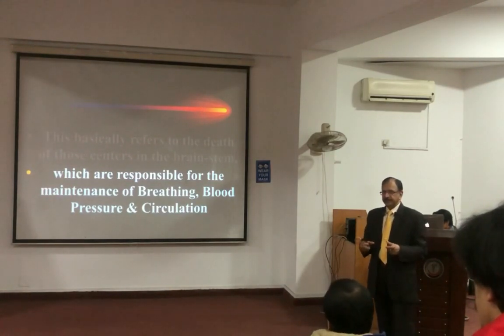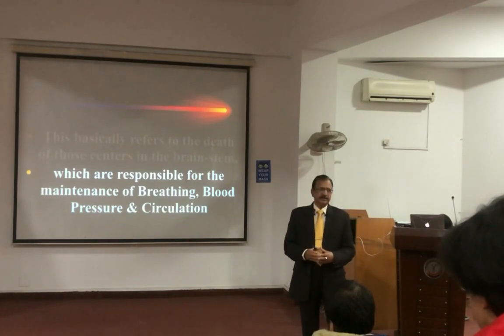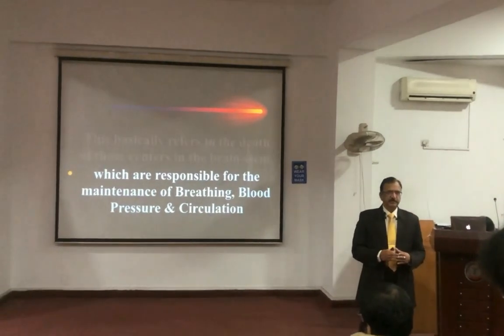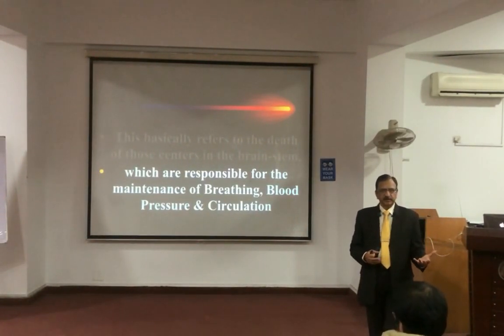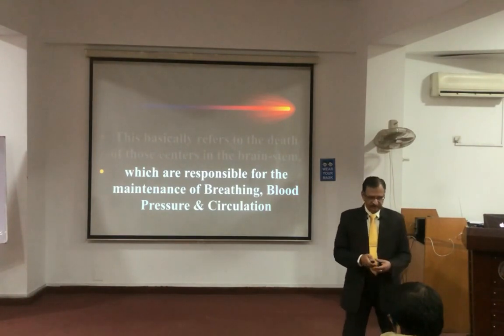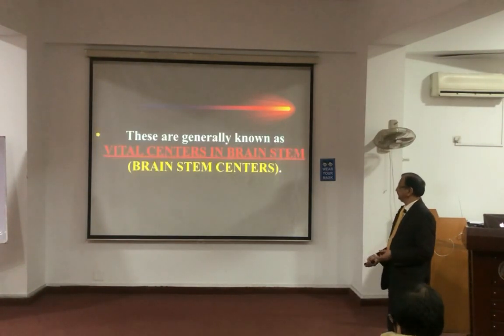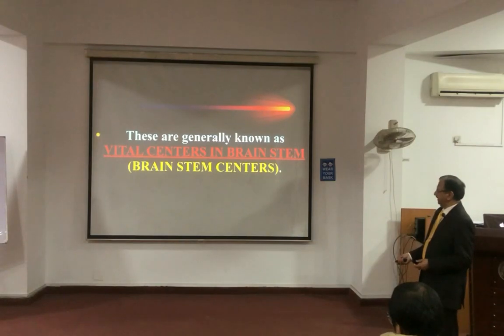So it is the death of the vital centers in the brain stem which is called brain death. So it is not the death of the cortical centers in the cerebrum. That's why it is called brain death. Death of the vital centers in the brain is the brain stem death.